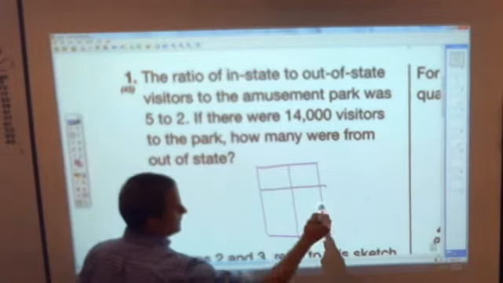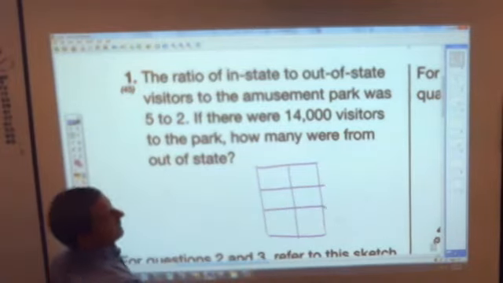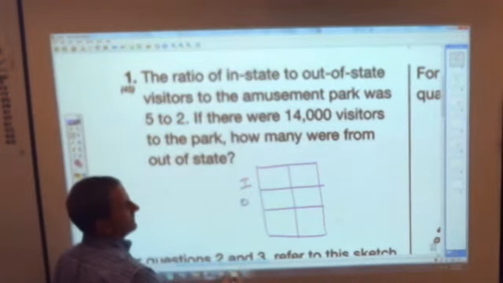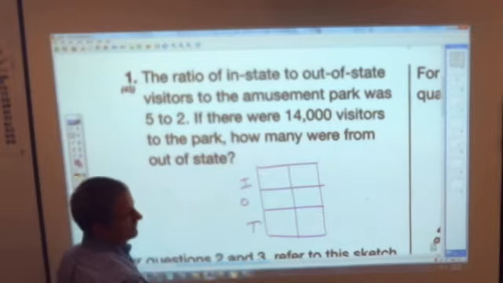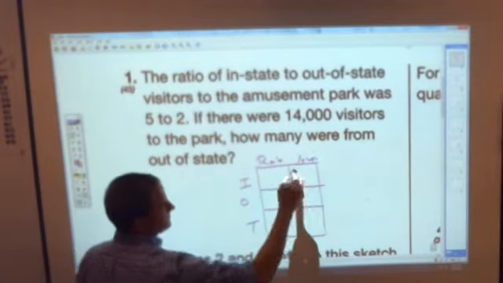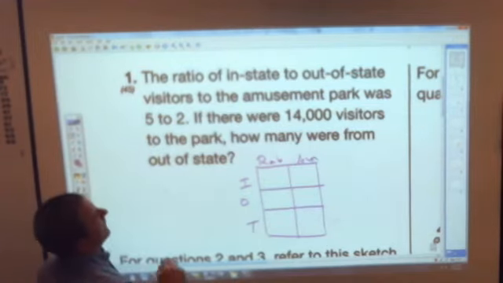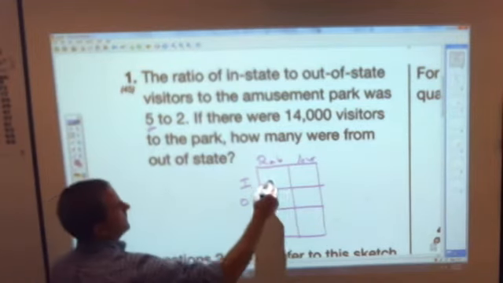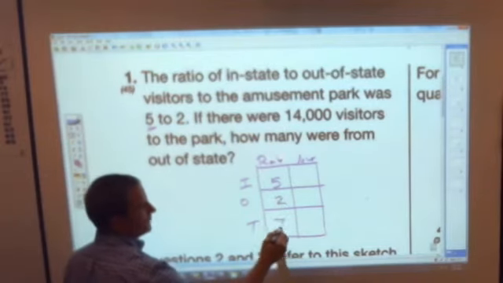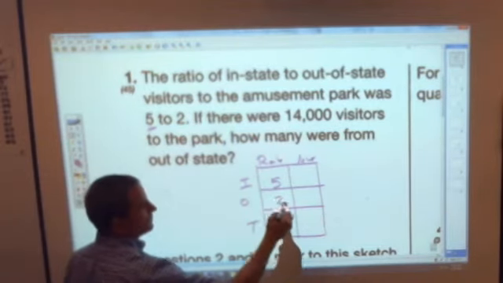This ratio box has what things compared. You've got in-state to out-of-state, and then you have total visitors. Here's my ratio, and here's my actual. How many in-state to out-of-state? 5 in to 2 out for a total. That's a total of 7 total people if you have 5 in and 2 out.